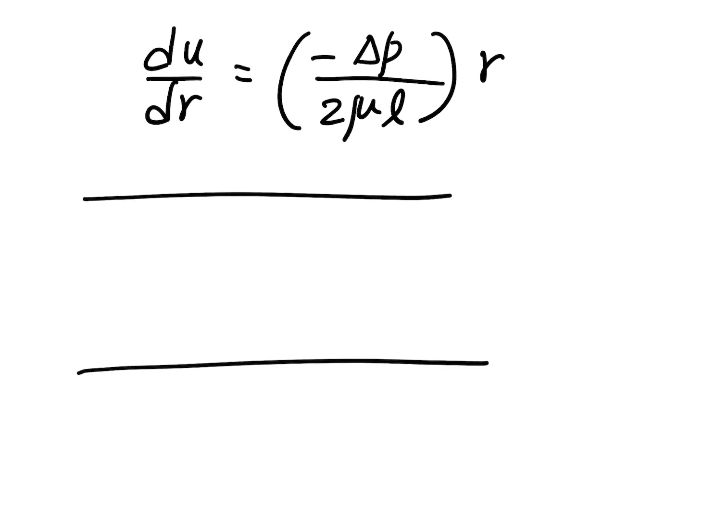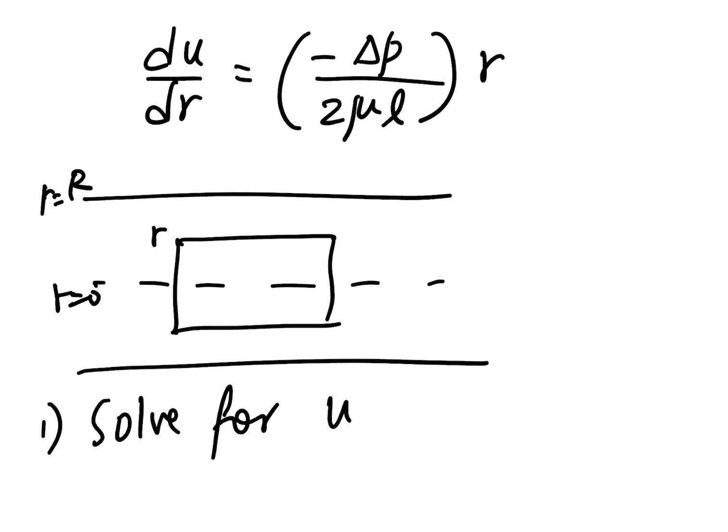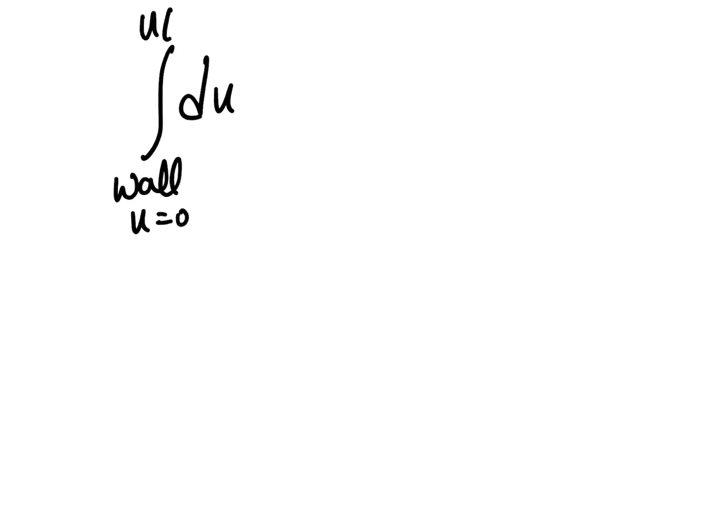So recall this problem. We have our cylindrical element whose radius is r. The radius of the pipe that we are interested in analyzing is r equals 0 to r equals R. If we first want to solve for the velocity profile, we would want to integrate du from the wall at which u is 0 to any radial location u of r.